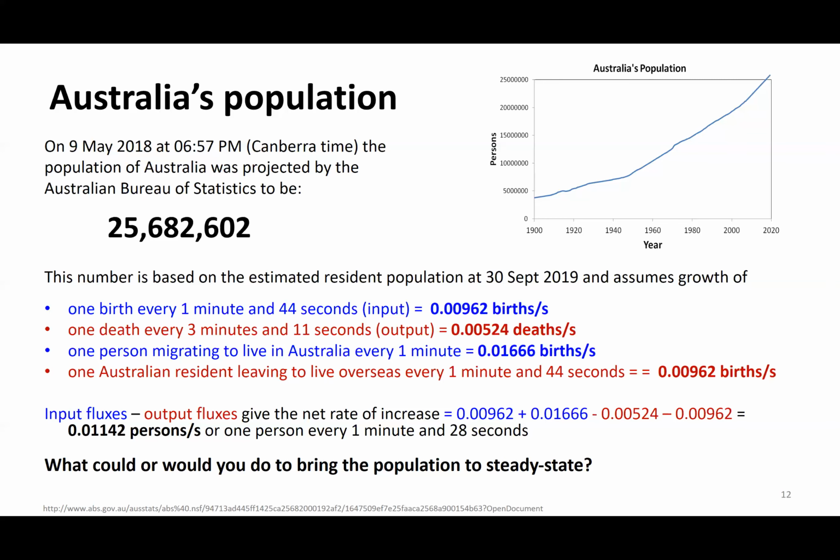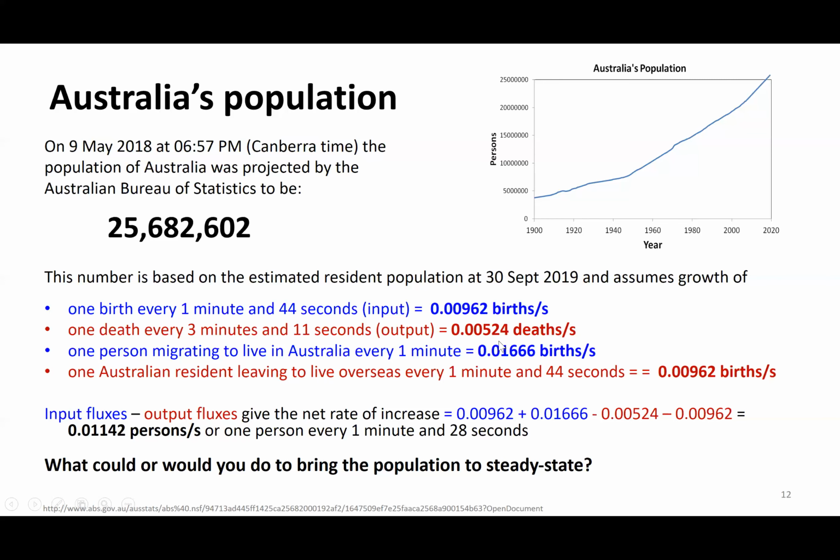An interesting thing at the current time is that both the number of people migrating into Australia and the number of people leaving Australia will almost have gone back to zero during the COVID-19 pandemic, and that's likely to be the situation for a whole year. But the population will likely continue to increase because the birth rate exceeds the death rate.